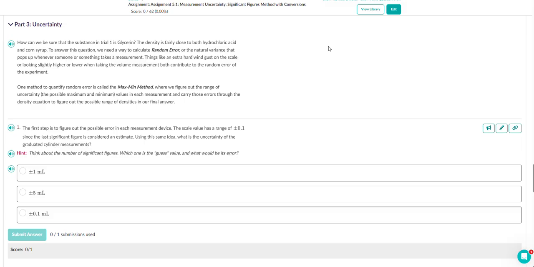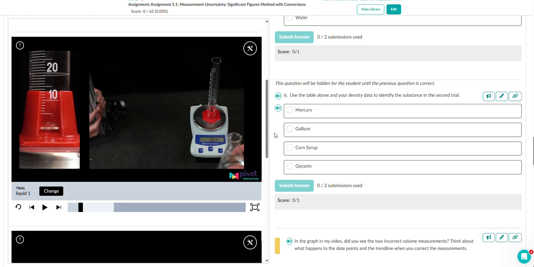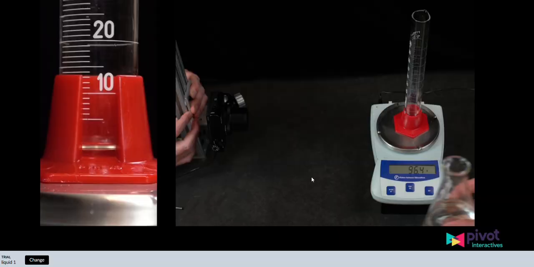But let me back up to what I mean by certainty. If we look at our instruments, and I've mentioned some of this before, significant figures, significant digits, and the number of digits we use, the number of decimal places, they come from the instruments themselves. So if I look at the graduated cylinder, it's marked out to the ones place. This is 10, 11, 12, 13, and so on.